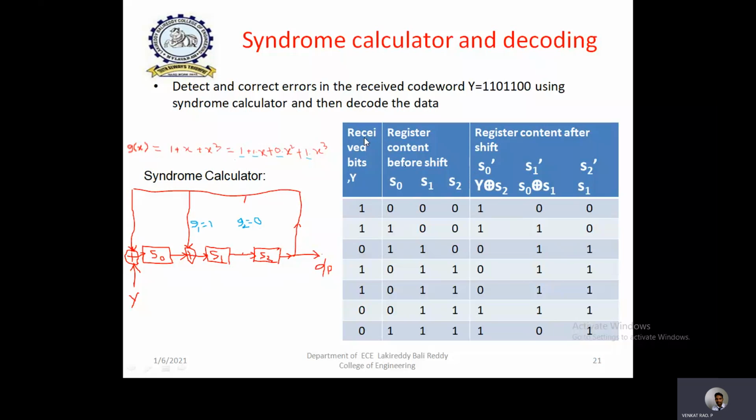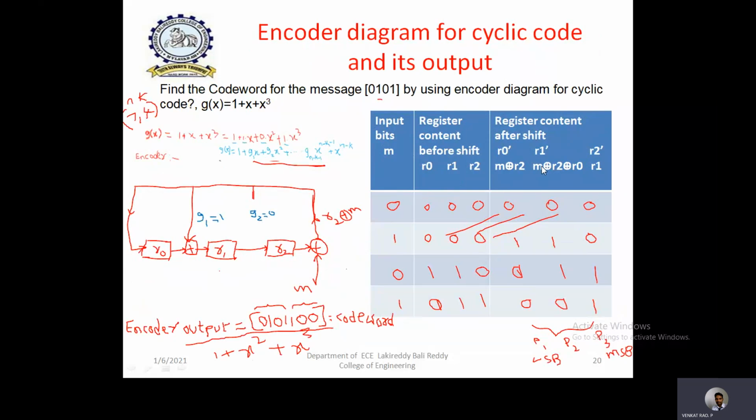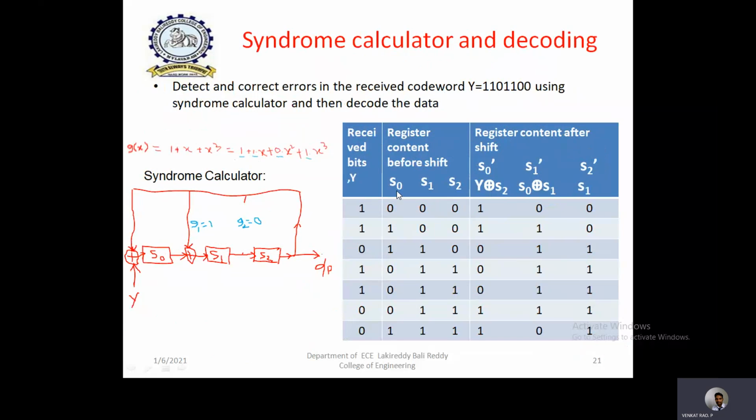Similarly, here are the received bits, 1, 1, 0, 1, 1, 0, 0, taken one by one. We give the register contents before shift and the register contents after shift. Here some formulas are changed. We have S0, S1, S2, and the next values are S0 dash, S1 dash, S2 dash. How is S0 dash obtained?